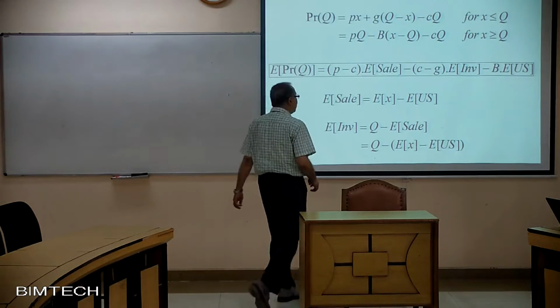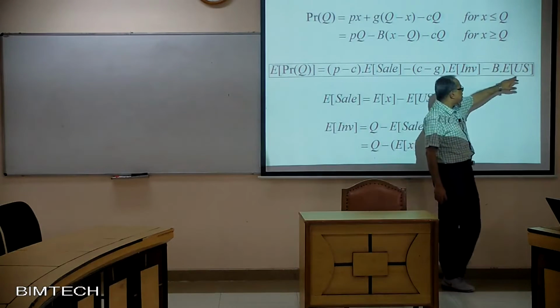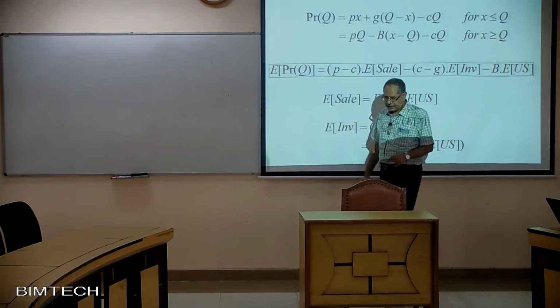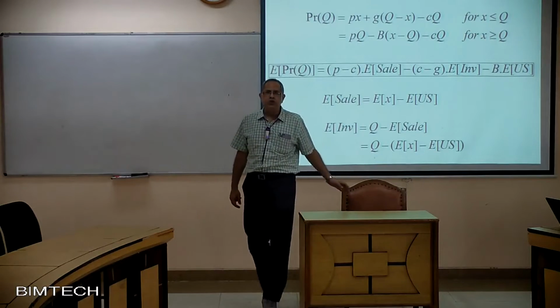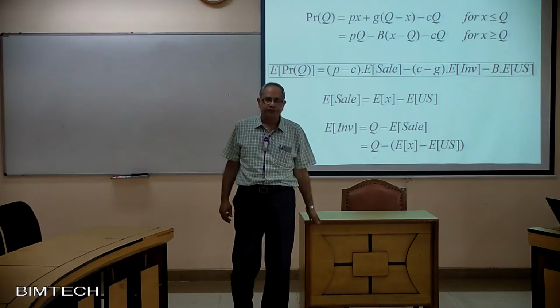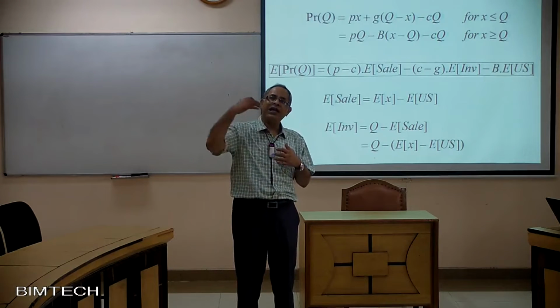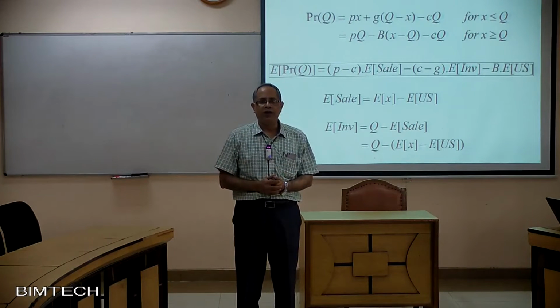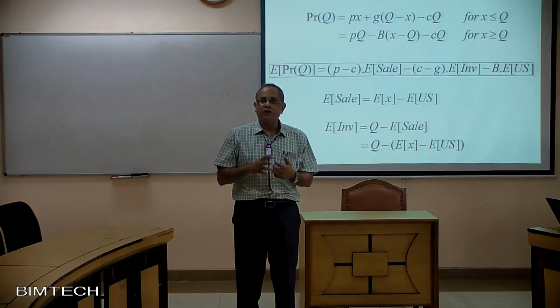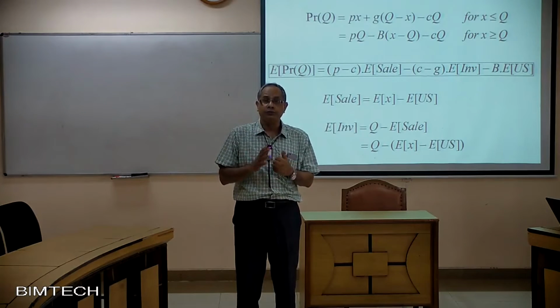Let us come to the third term. Now there is something called expected units short. Here is a case where the demand exceeds whatever we have ordered, and whenever that happens, we are short.